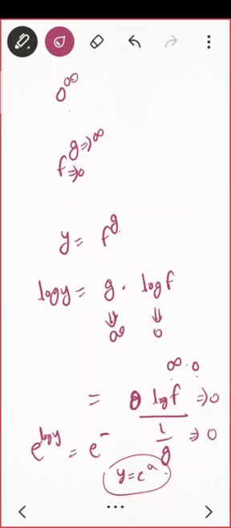Same thing, you will be getting 0 into infinity form. Again, can you solve that? 0 into infinity form, yes, definitely. That is quite easy to handle. You will be just putting it as 0 by, whichever next function I am going to write, 1 upon f. And that's it.